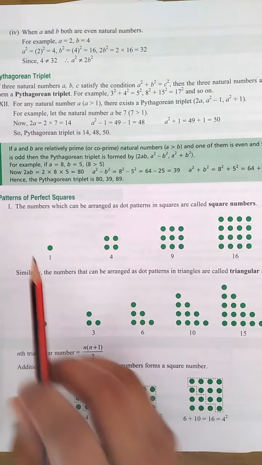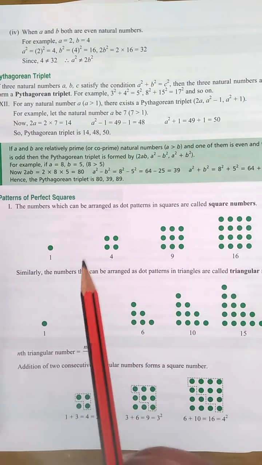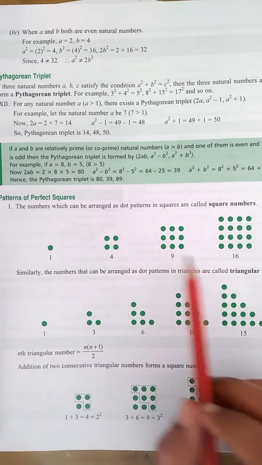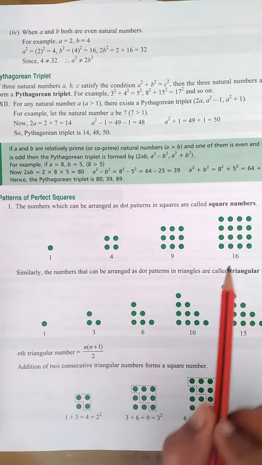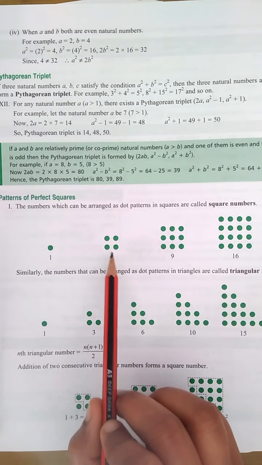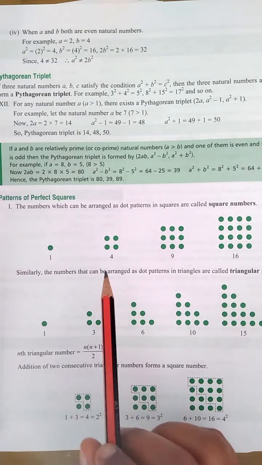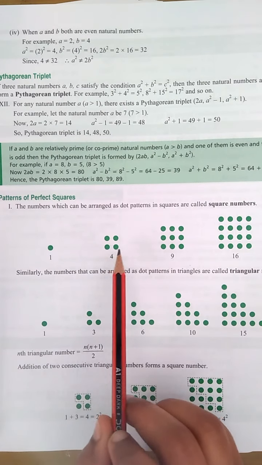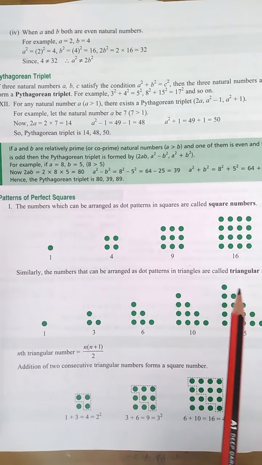Next is patterns of perfect squares. The numbers which can be arranged as a dot pattern in squares are called square numbers. As you see, these numbers are arranged in dot patterns but in square. So these are called square numbers.